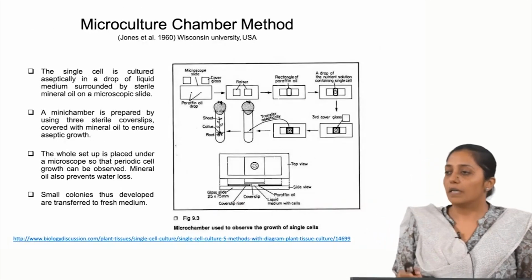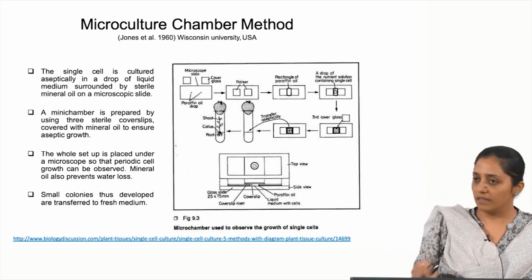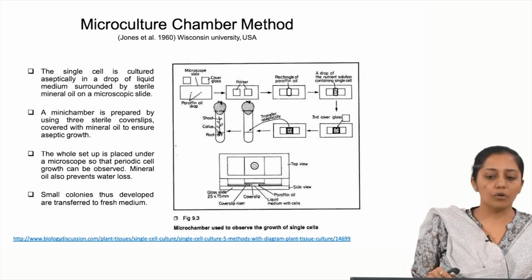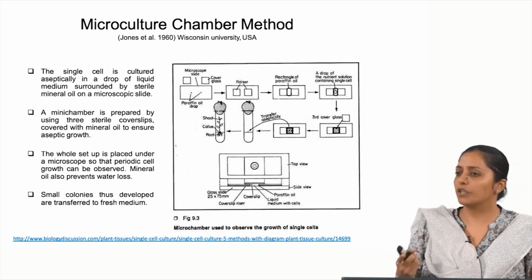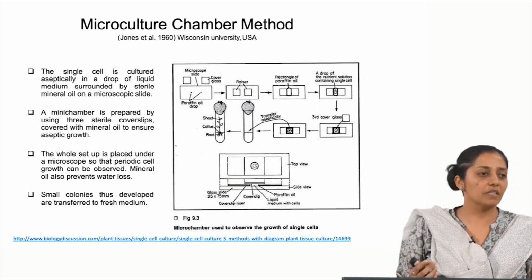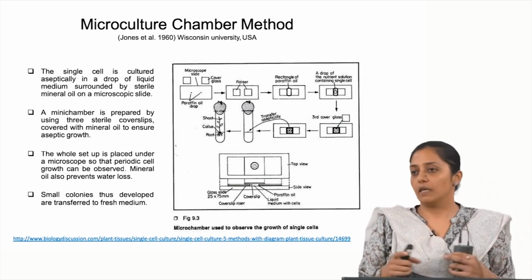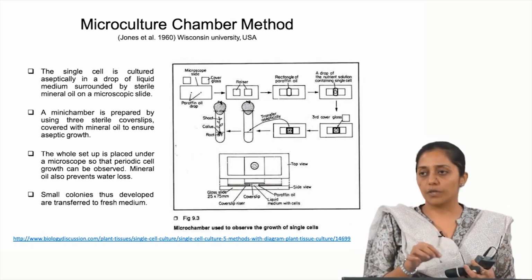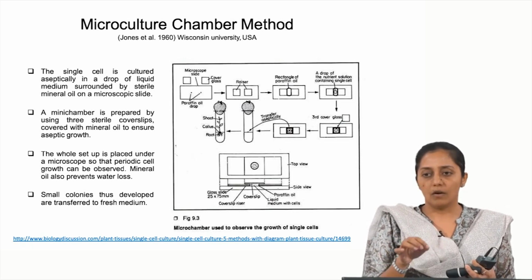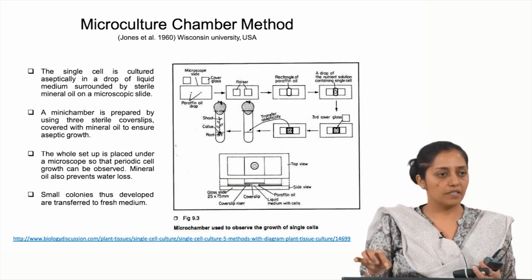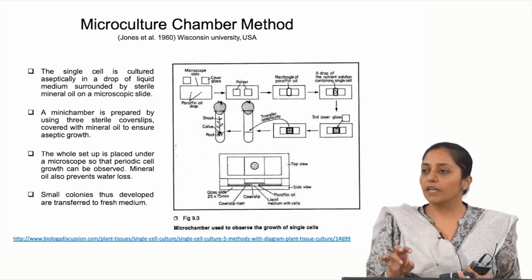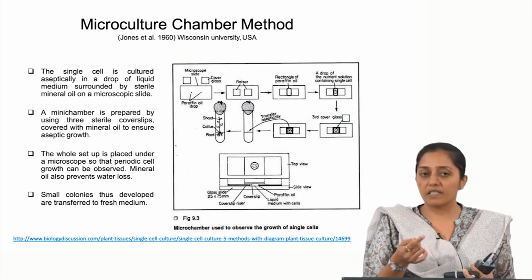Now, another way of carrying out this single cell culture technique is the microculture chamber method, which used to be used and can be used even now. You use a sterile petri dish, put paraffin oil on top of it, and make use of sterile cover slips.